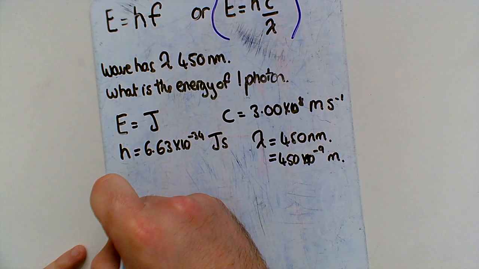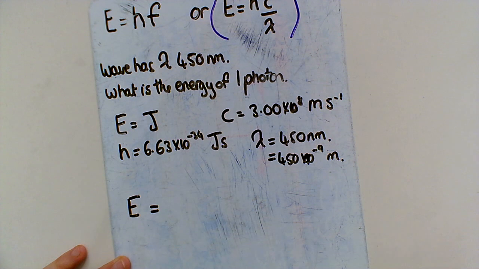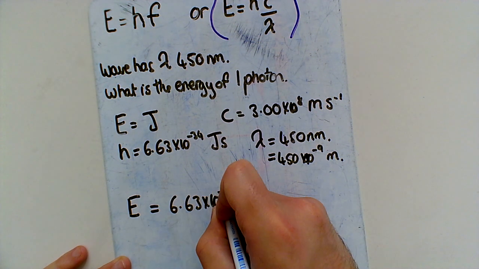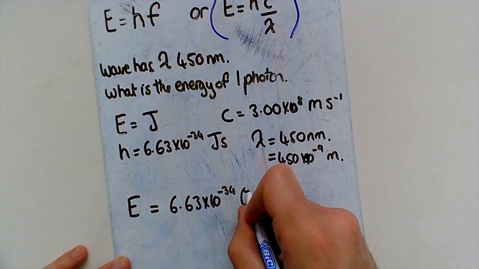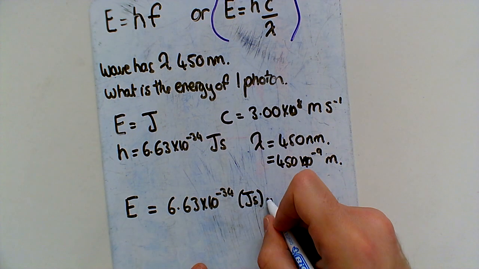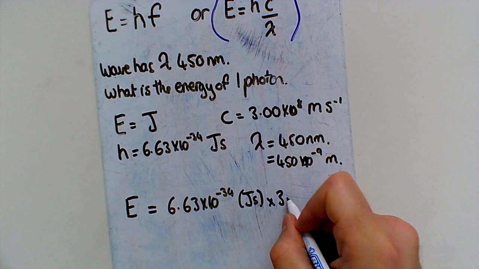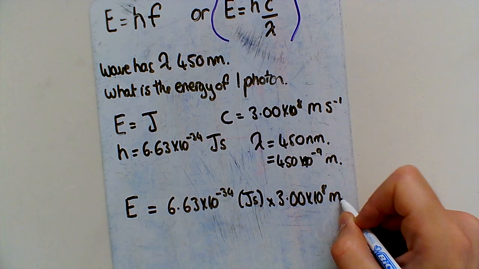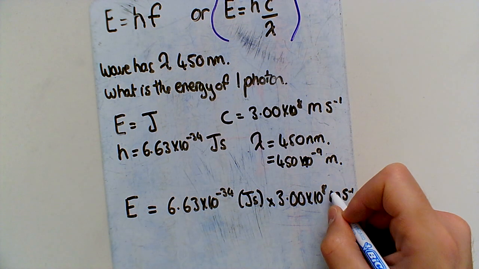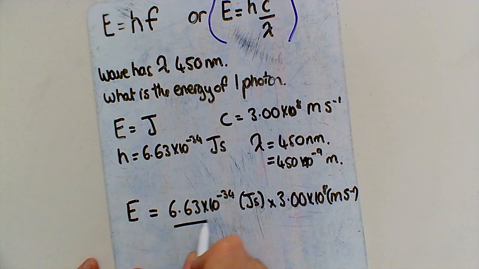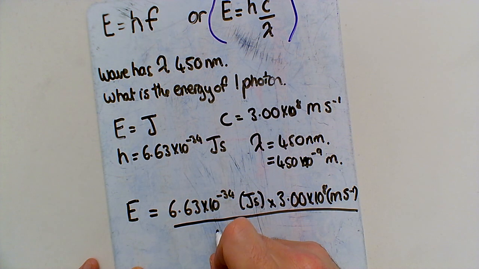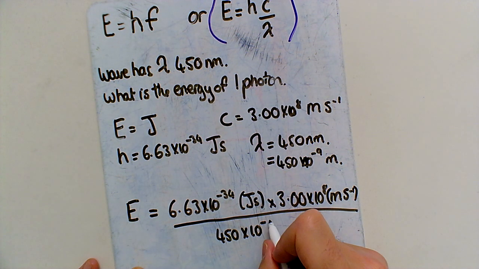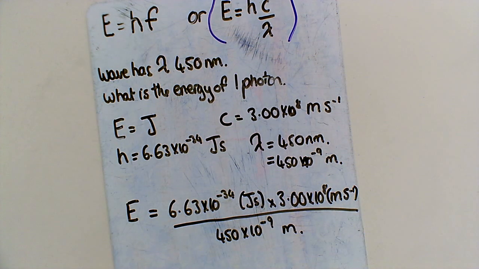So when we put these numbers in, energy is going to be equal to 6.63 times 10 to the minus 34 joule seconds, multiplied by 3.00 times 10 to the 8 meters per second, divided by 450 times 10 to the minus 9 meters.